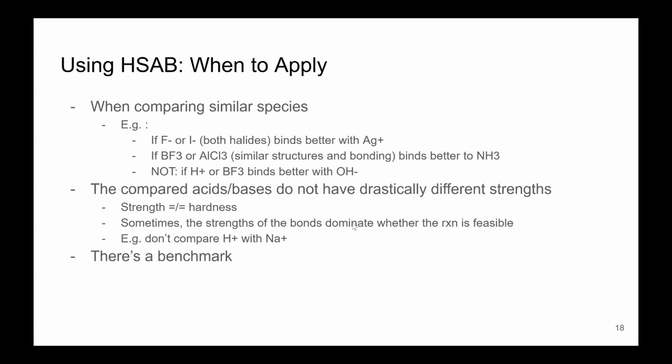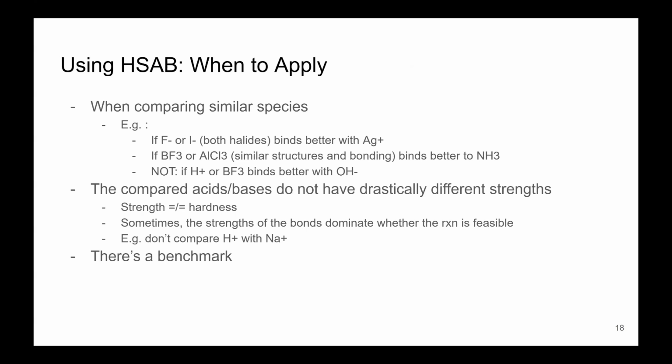And you should only use HSAB when you have a benchmark. When you're comparing which Lewis acid will bind more favorably with a Lewis base, you need to have a predetermined Lewis base in mind. So you cannot compare the reaction of H plus and Cl minus with the reaction between, let's say, Na plus and F minus, because it doesn't make sense.